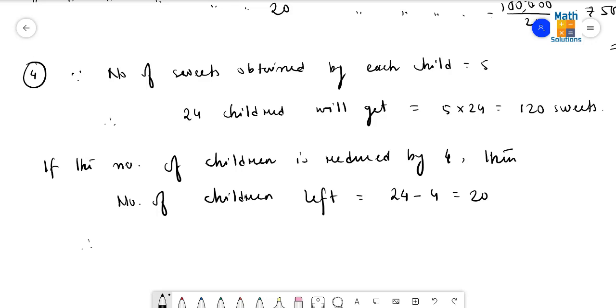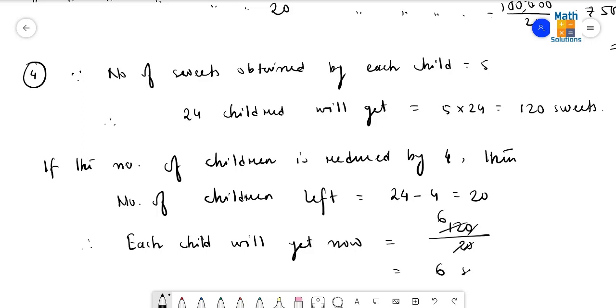So each child will get now how many sweets? The total 120 sweets is to be divided by 20, and then we shall get 6. So each will get 6 sweets.